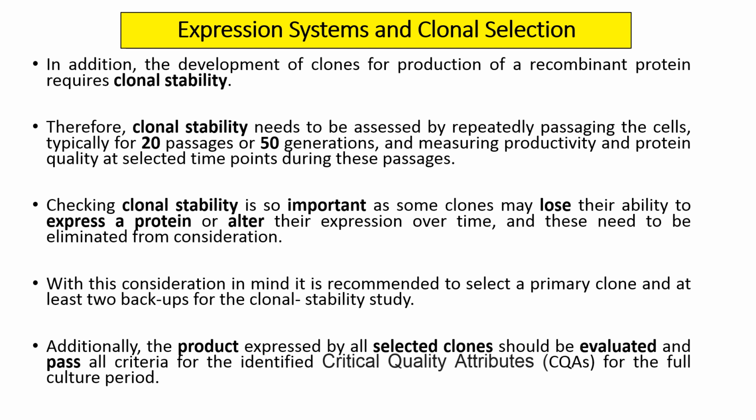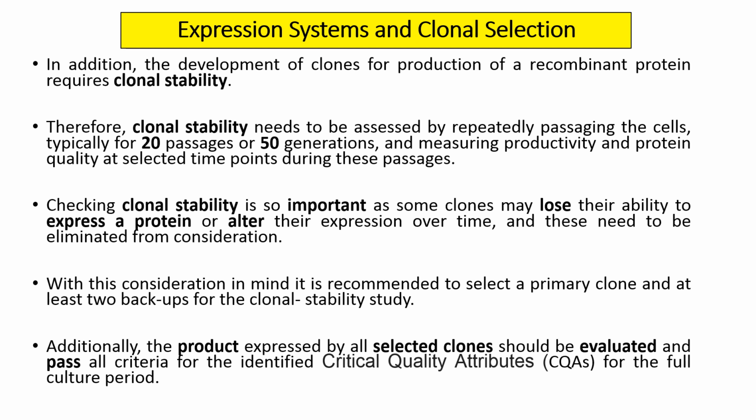So we need to check this every time when passaging the cells. Checking clonal stability is so important, as I said before, because they may lose their ability to express protein or alter their expression over time. One of the cell lines I dealt with, after exceeding 50 passages, didn't produce the protein of interest that I was looking for anymore.